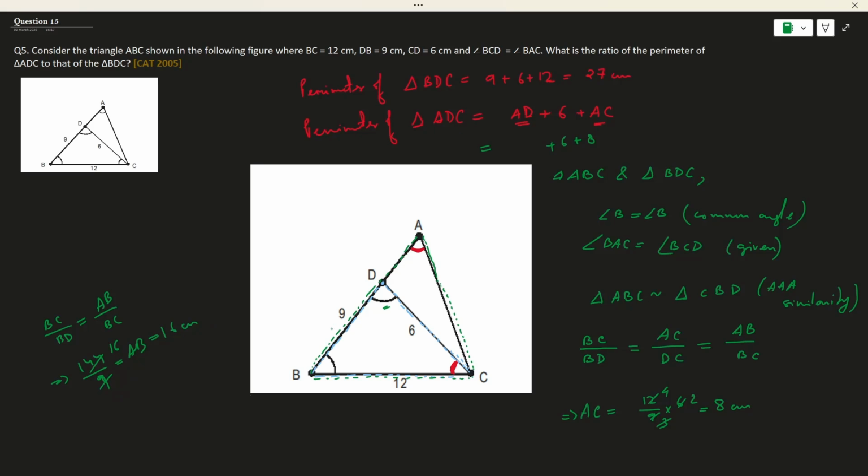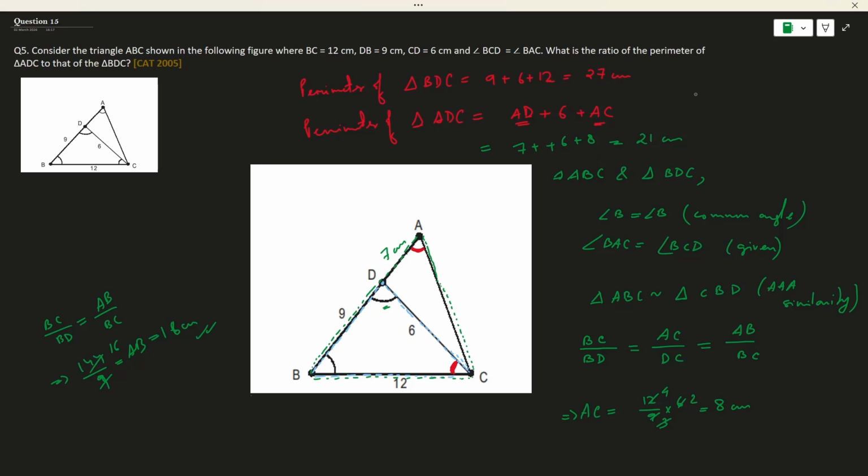But I am already given that BD is 9, so AD will be equal to 7 centimeters, right? Then 9 plus 7 is 16, so AB is 16 here. AD is 7 centimeters. So if I add them, what will I get? I will get 21 centimeters, right?